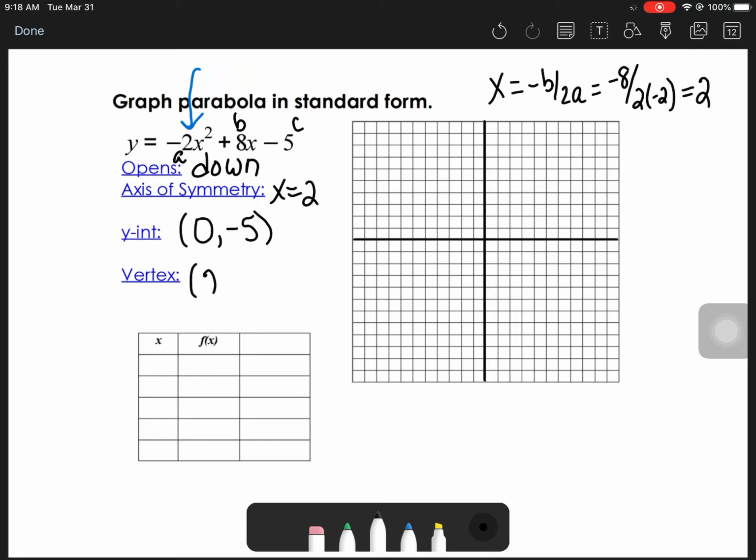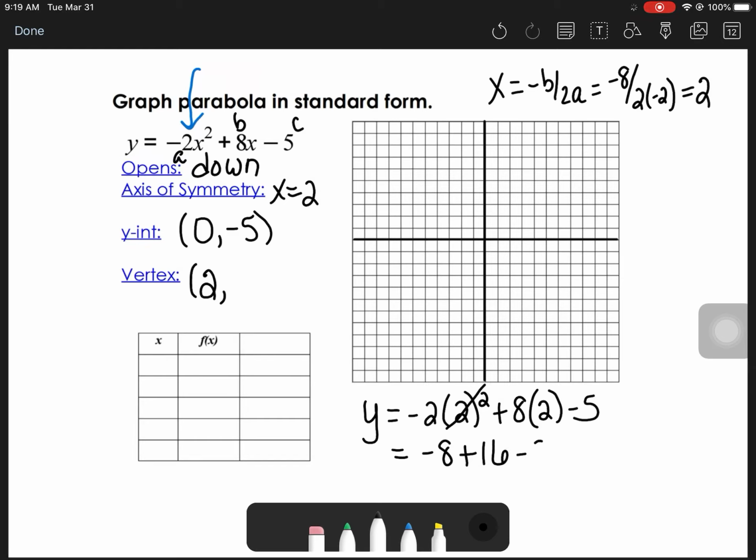Our vertex has an x value of 2, then we're going to substitute that x value into our equation, and we're going to solve for y, which gives us the y value of the vertex. 2 squared is 4, and 4 times negative 2 is negative 8. 8 times 2 is 16, and then we have minus 5.